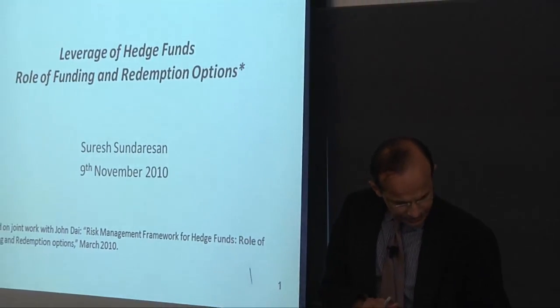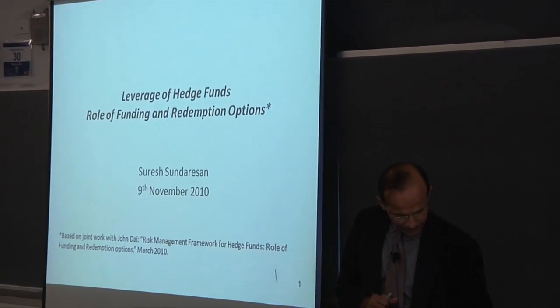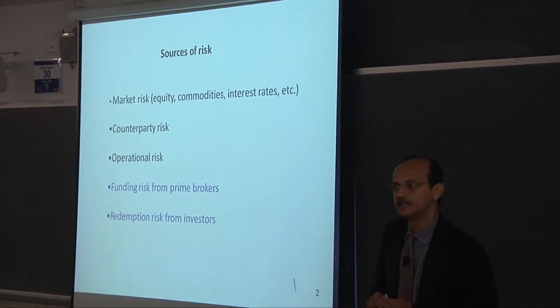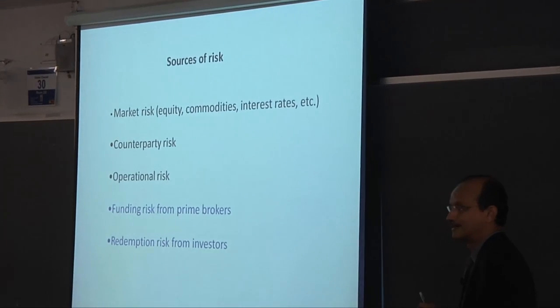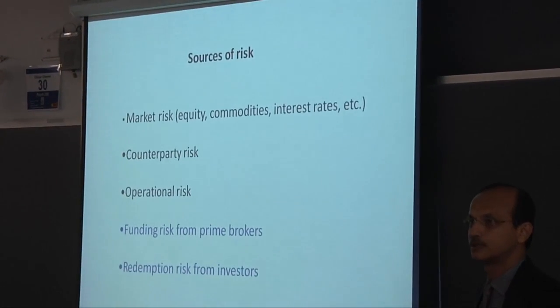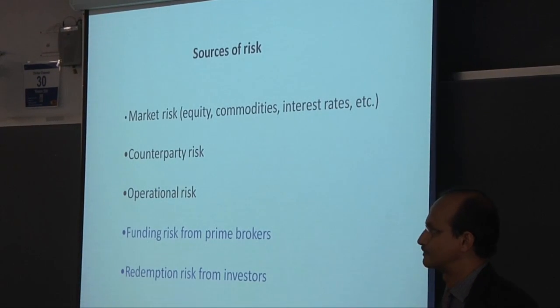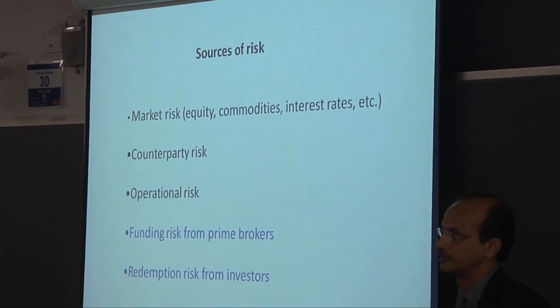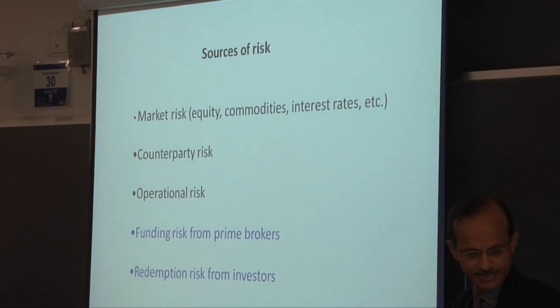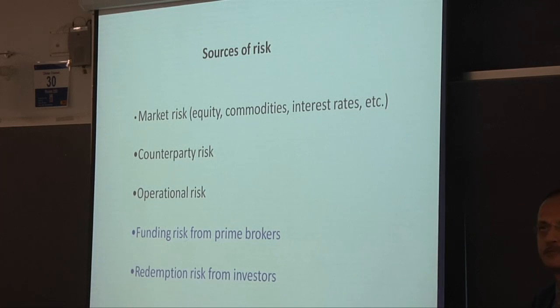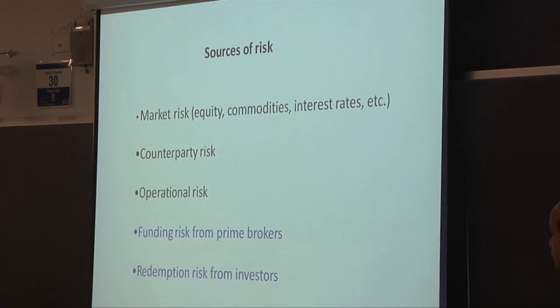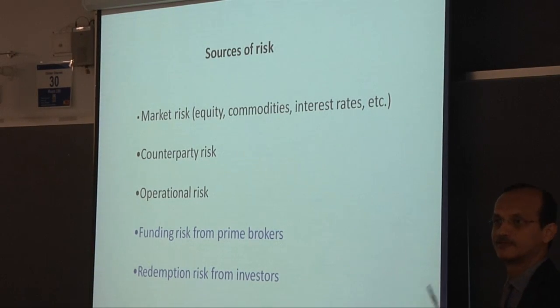Okay, so this is a nice takeoff point for me following what Professor Ken Daniel talked about. In particular, he talked about the long short kind of strategies in the context of looking at winners and losers. Now, when we think about risk of a hedge fund, we tend to focus on the style of the fund.